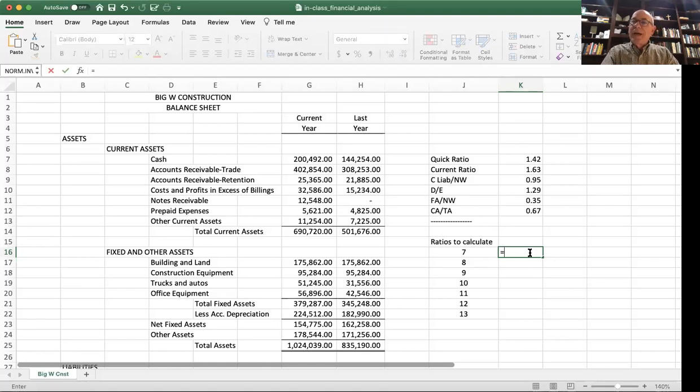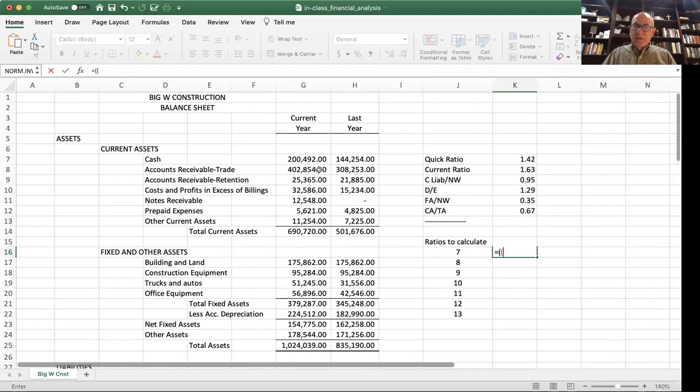Well, we're going to average the accounts receivable. So I'm going to say accounts receivable, and this is without retention. So we're not going to include retention in this ratio.